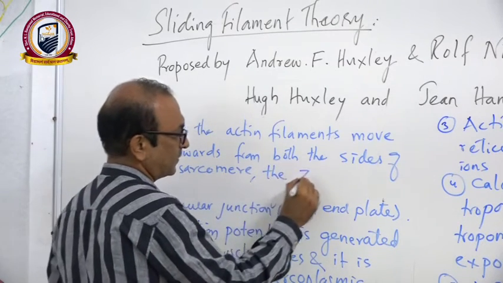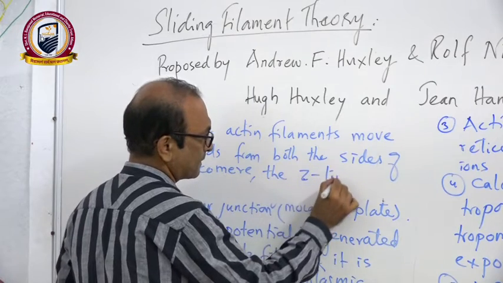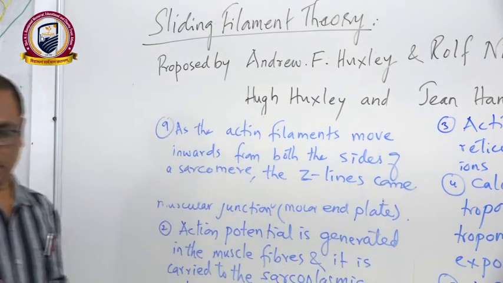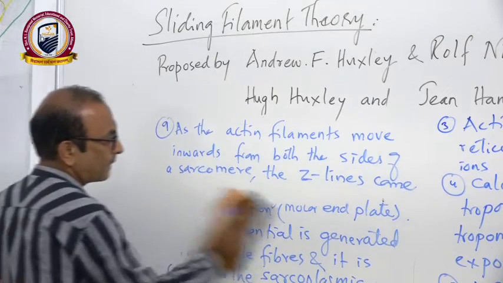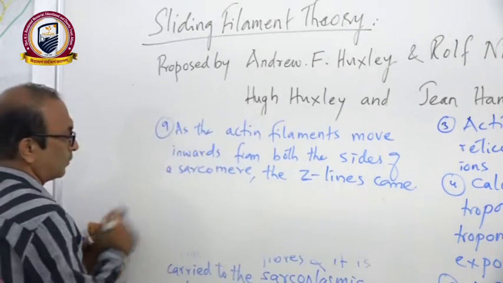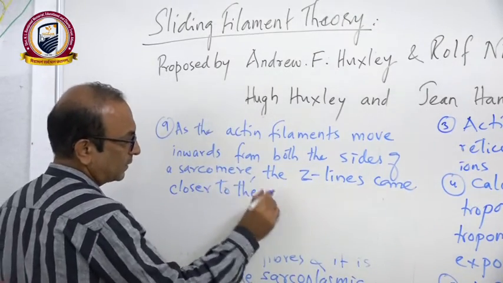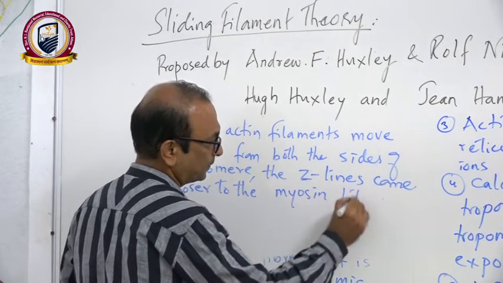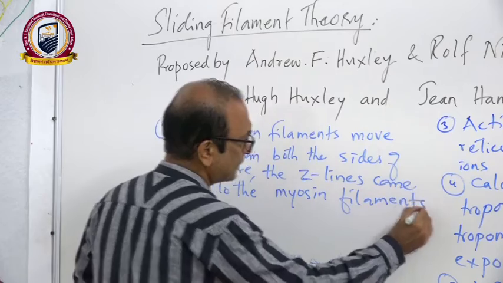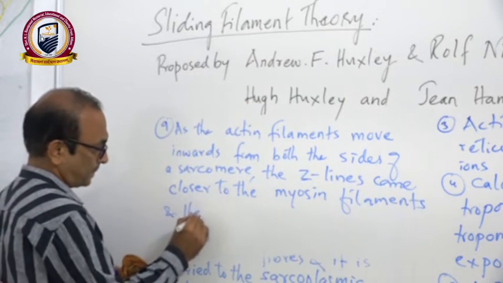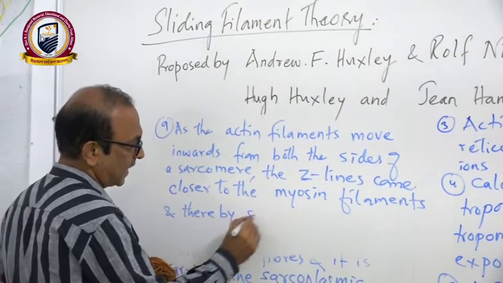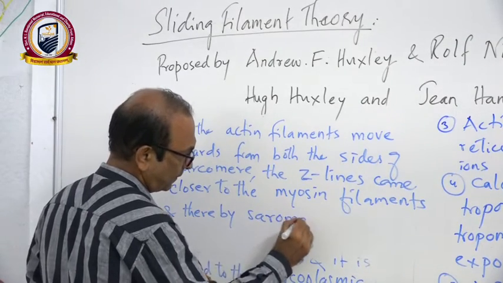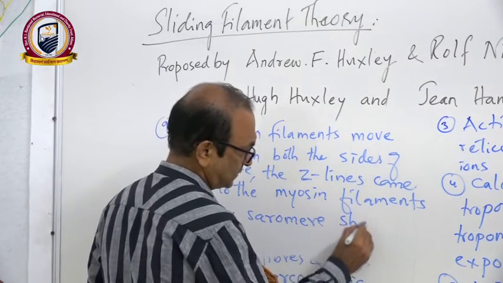The Z lines come to the myosin filaments and thereby the sarcomere shortens.